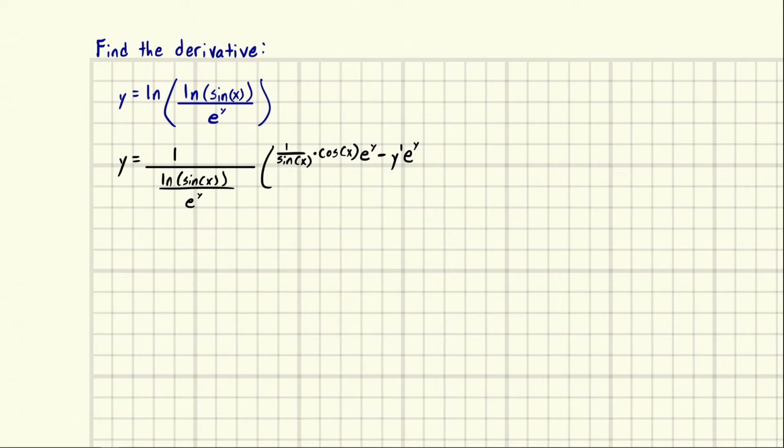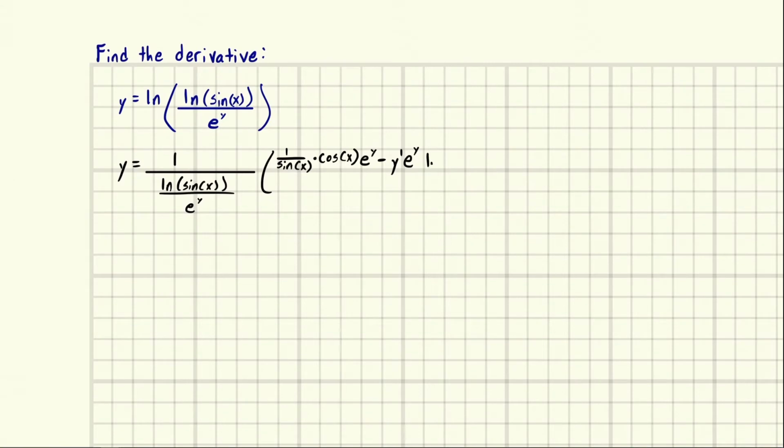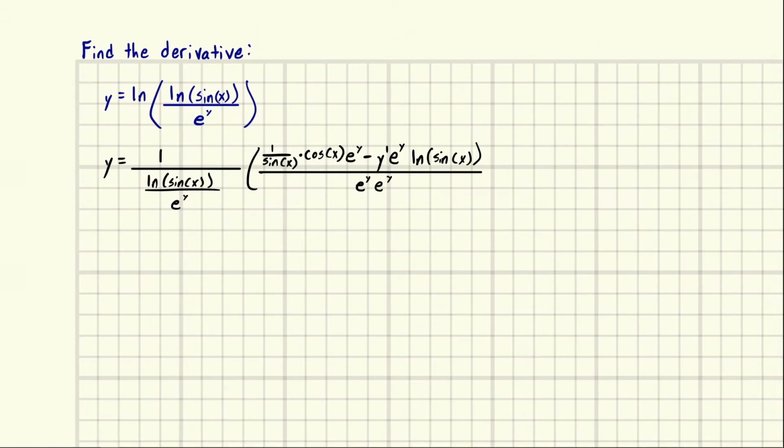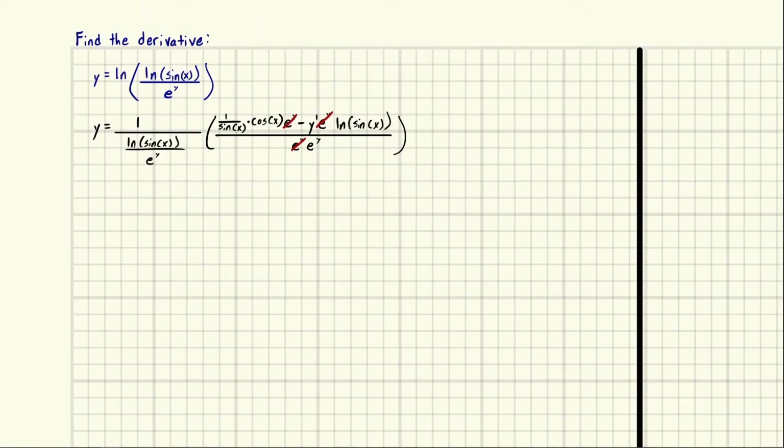So we're going to have minus e to the y times the top, which is the natural log of sine x, over the low squared, so e to the y times e to the y. I write it out separately because e to the y appears everywhere, so we're able to simplify e to the y out, and we're left with this as the derivative.